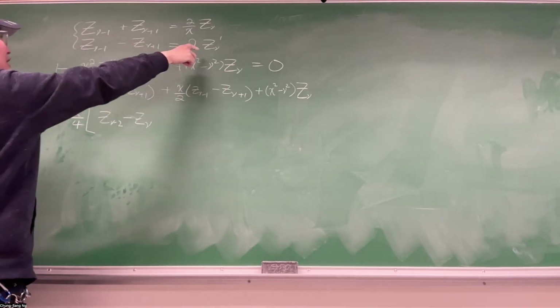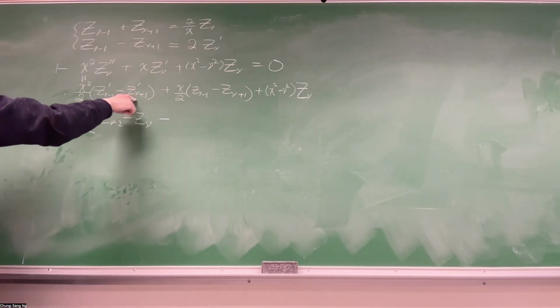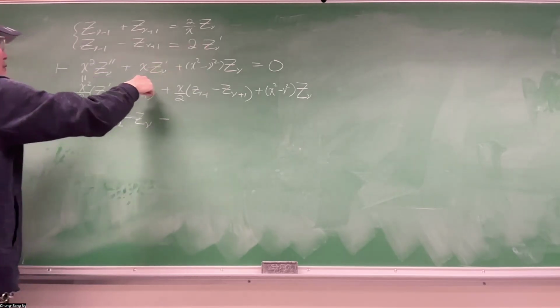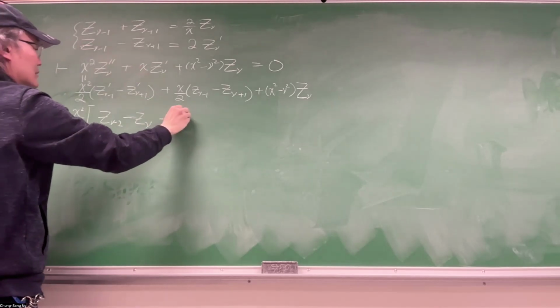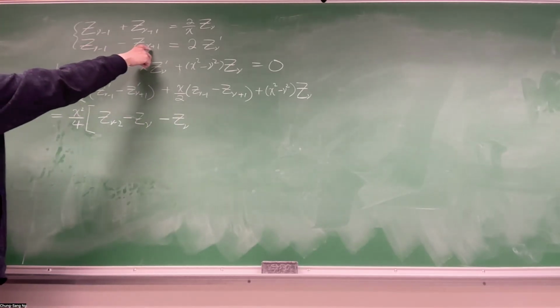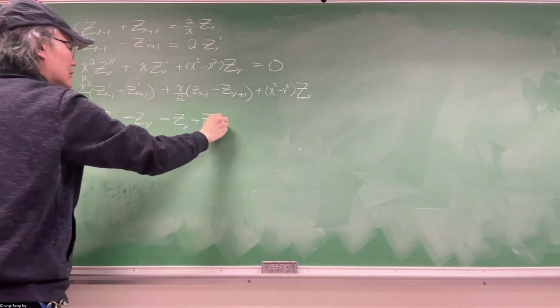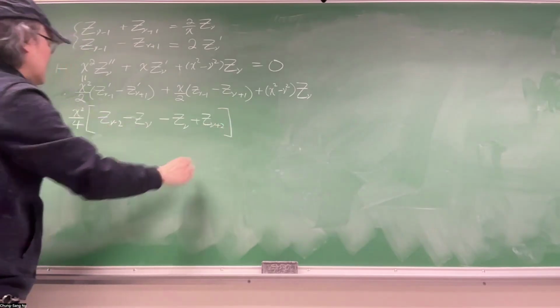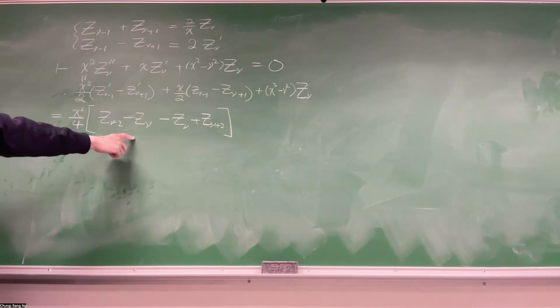And then apply the same relation to the second one, the minus this. Now you shift the nu, it becomes nu plus 1. So this becomes nu plus 1 minus 1, which is just nu. And then the second one is nu plus 1 plus 1, nu plus 2. So that's this term becomes this one.